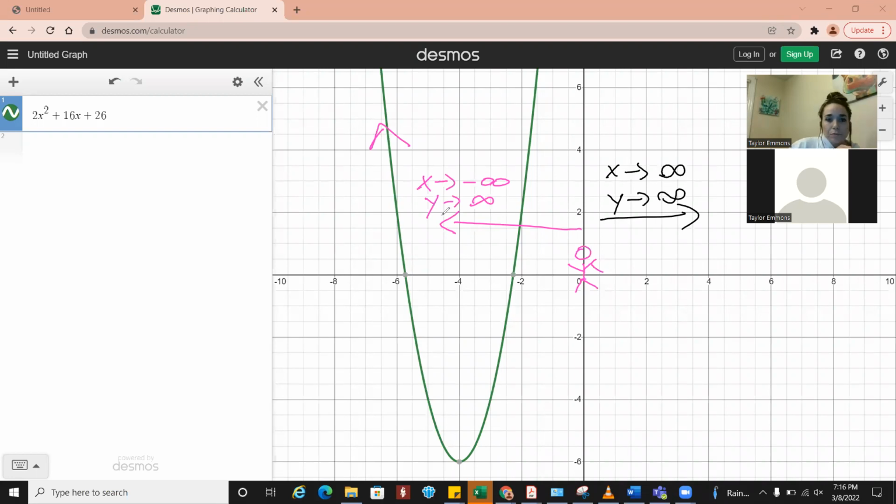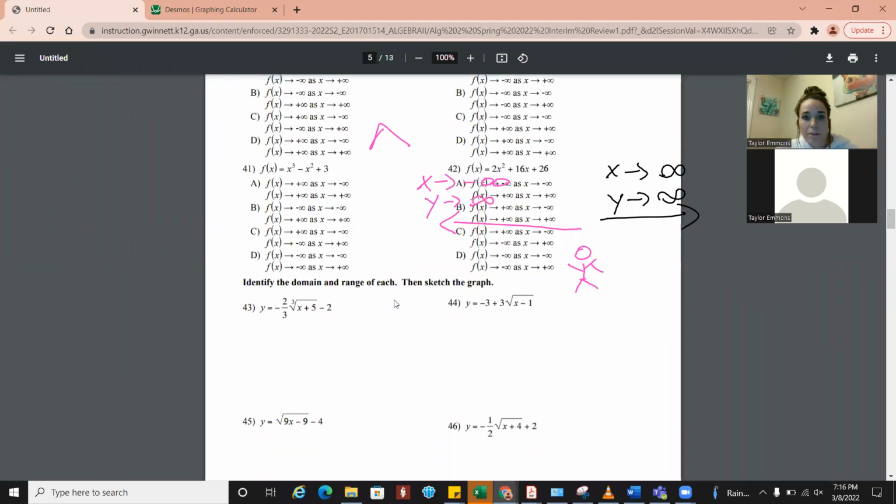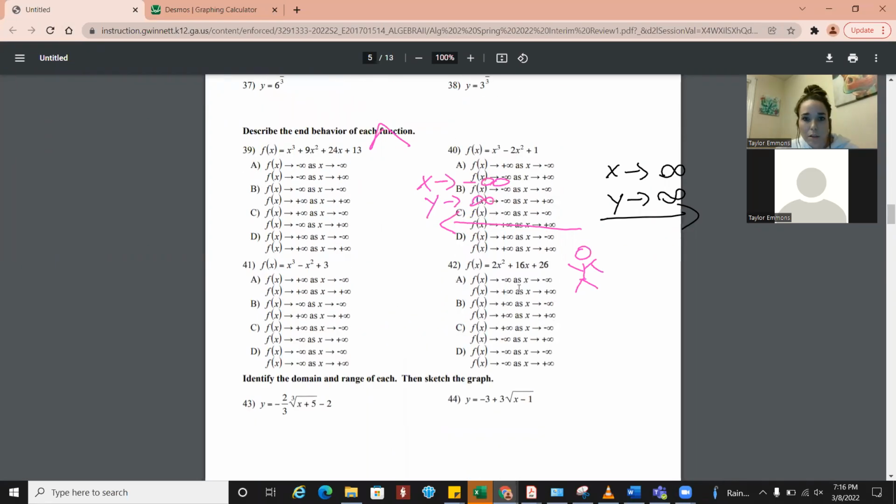Okay, so looking back at our answer choices, scrolling down just a little bit. As x approaches negative infinity, well, it's not A. Sorry, I'm reading these backwards.